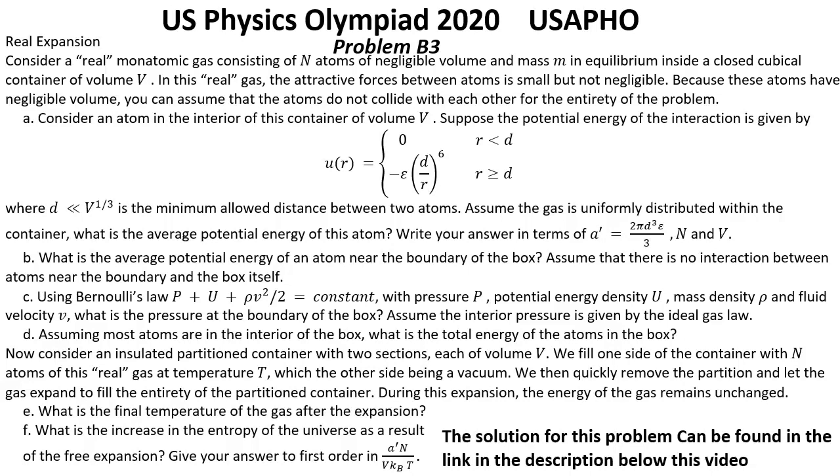US Physics Olympiad, year 2020, USAPhO, final round. Problem B3. Real expansion. Consider a real monatomic gas consisting of n atoms of negligible volume and mass m in equilibrium inside a closed cubical container of volume V. In this real gas, the attractive forces between atoms are small but not negligible.